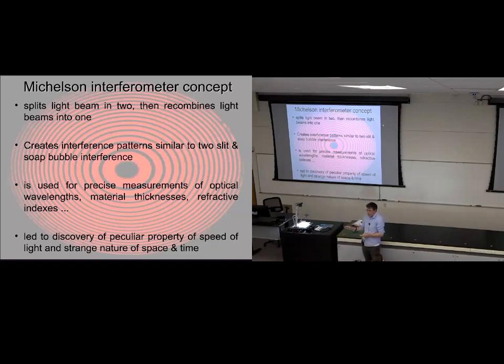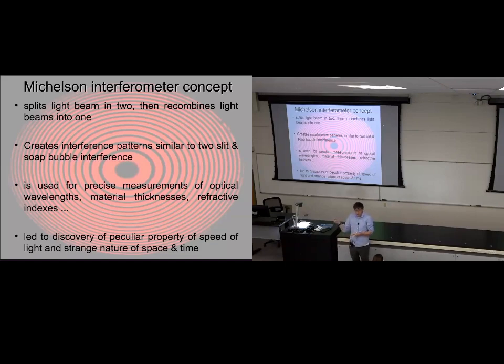The way it's done in the interferometer is such that you can use it for very, very precise measurements of light's wavelengths. You can measure very precisely the thickness or the length of materials, for example, a bacterium or a cell.